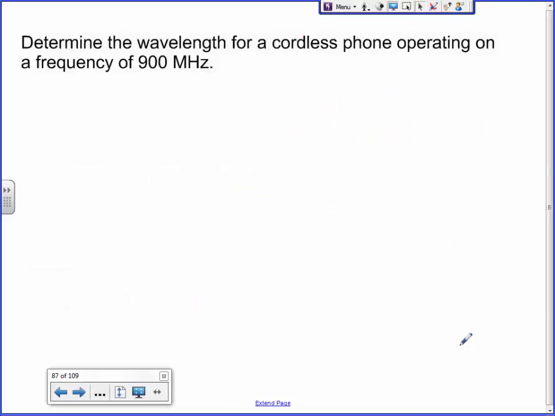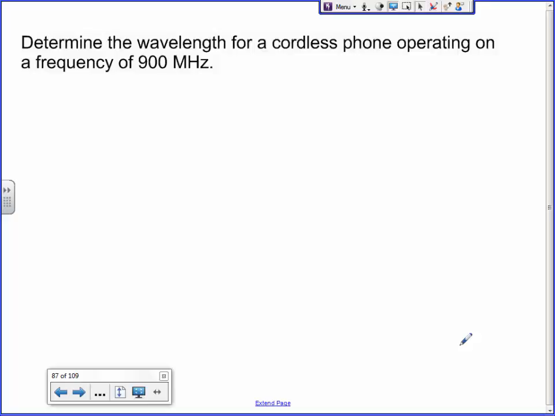So let's try some examples. These ones are pretty easy to pick out when you have to use these ones because you only get one number. Like I gave you a cordless phone. Your cordless phone operates on a frequency of 900 megahertz. If it feels like you're lacking information, it's because it's kind of implied what the other number is. Now, this isn't light, but anything in the electromagnetic spectrum travels the speed of light, just so you guys are aware.